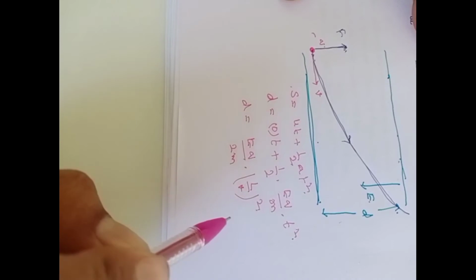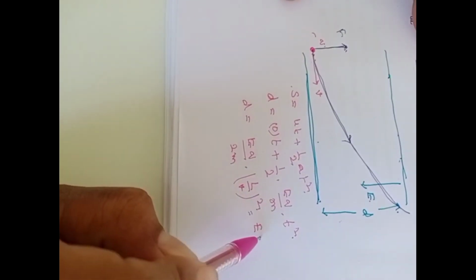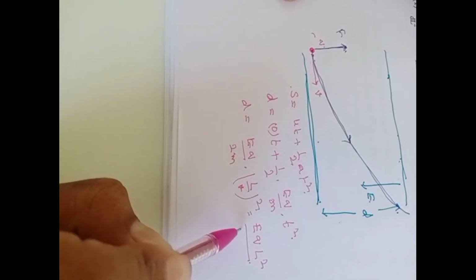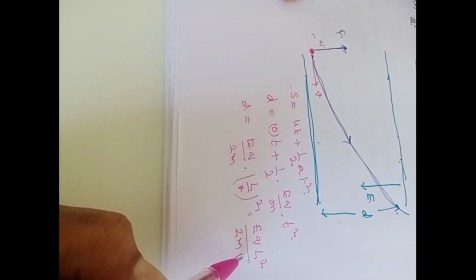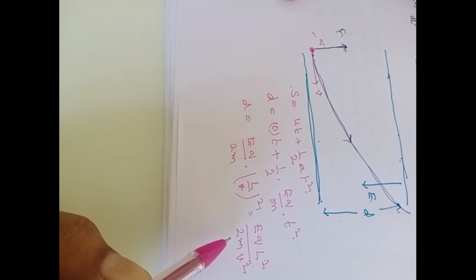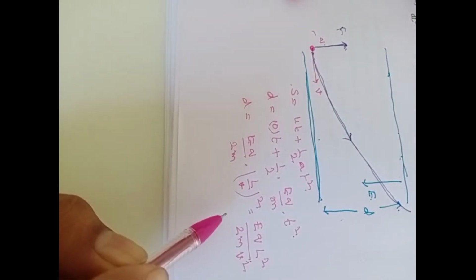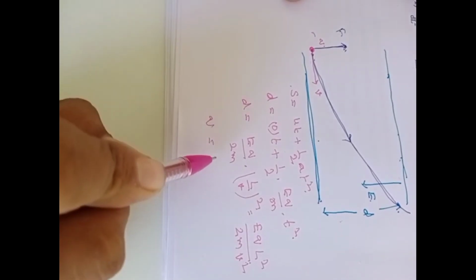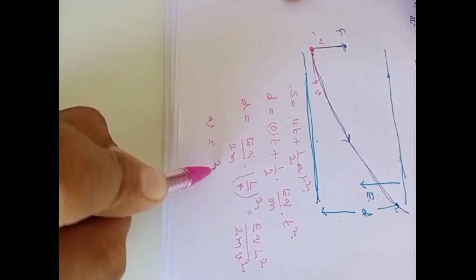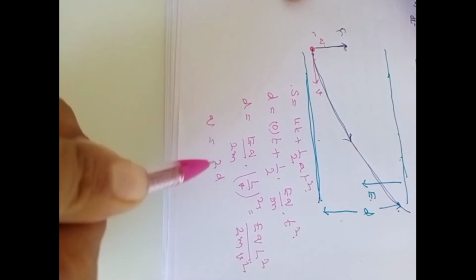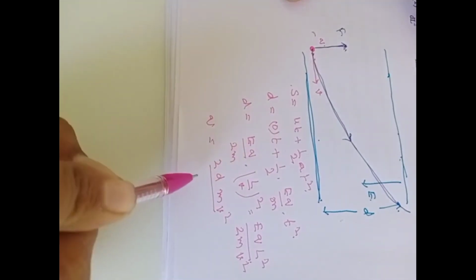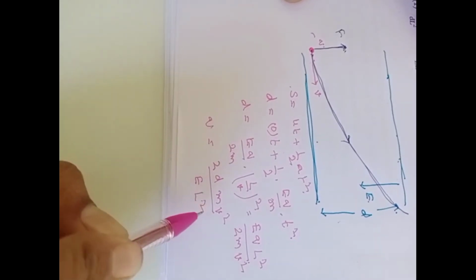So d equals eq L square by 2m v square. On cross multiplication, we get q equals 2d, bringing this to this side, m v square by E L square.